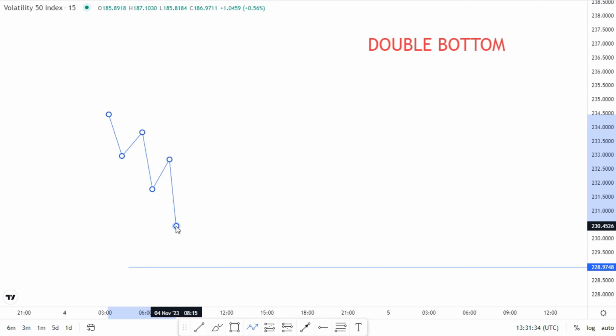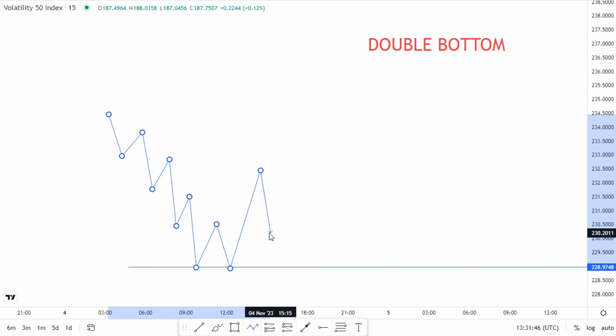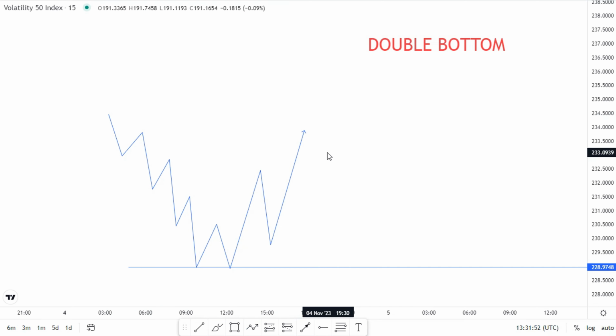It was moving on a pure downward trend until it made the first tap on this support, then the second tap here, then we see this market changing its character and taking some orders, then boom, pushing bullish.